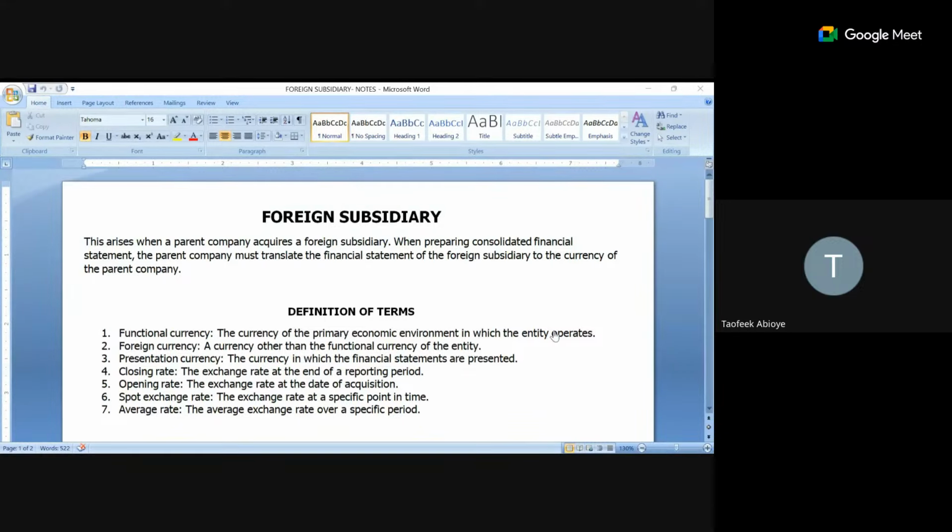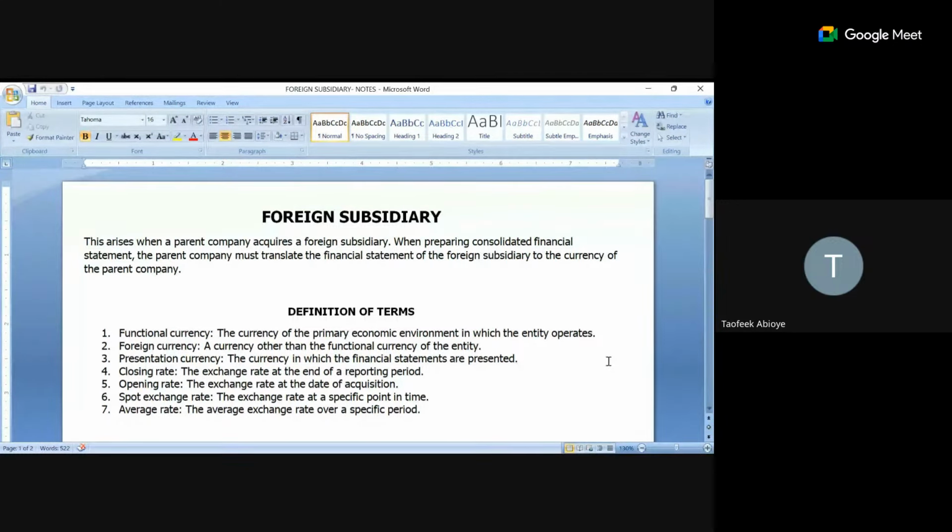For consolidation purposes, we must combine the financial statements of the parent company and subsidiary together, right? Yes, and that is how foreign subsidiary is. That is the short introduction about foreign subsidiary.